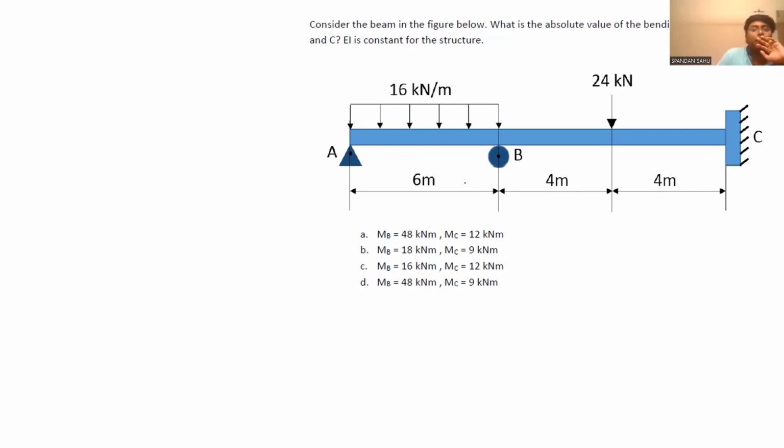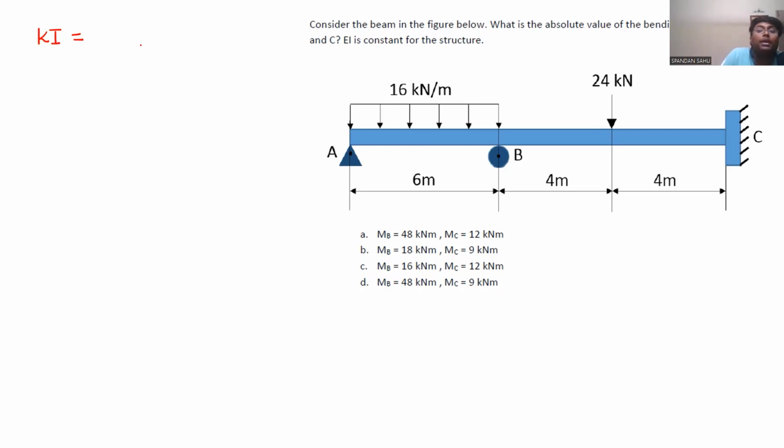Now, the first thing you should calculate is the KI.